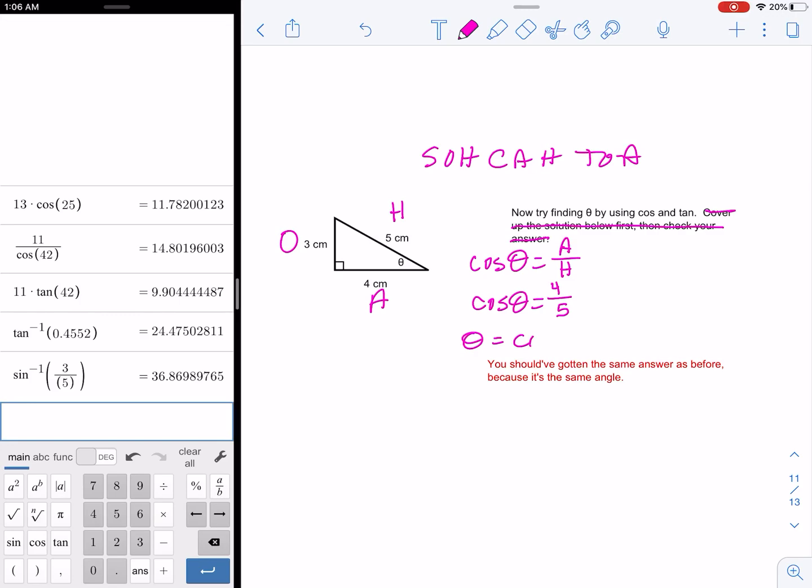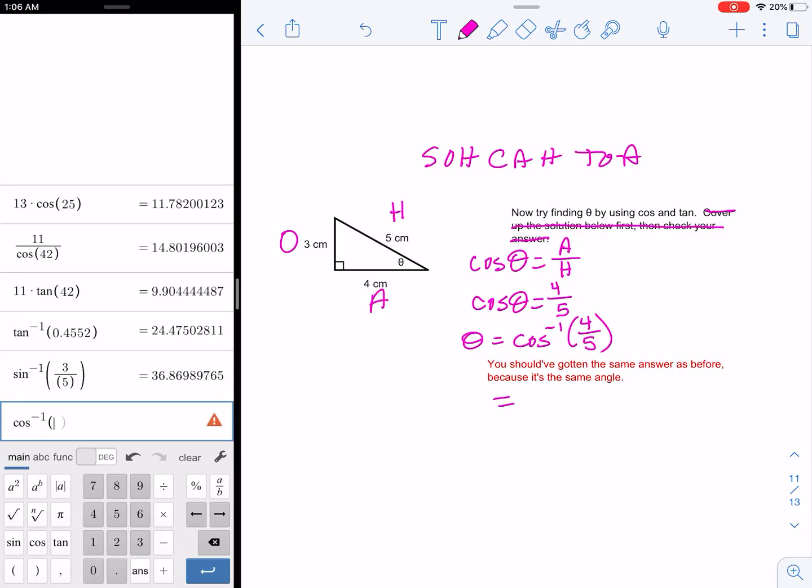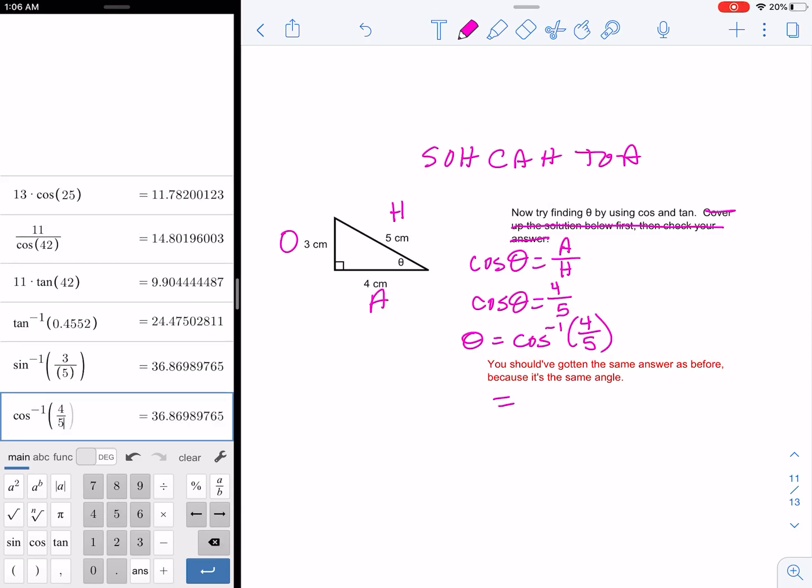So theta equals cos inverse of 4 over 5, which should be the same as what we just did. So second function, cos inverse, and 4 divided by 5. And again, that's 36.9 degrees. Imagine that. It should be.